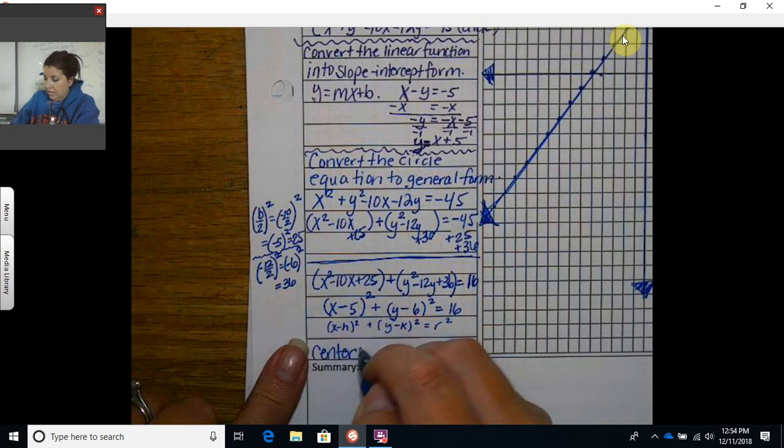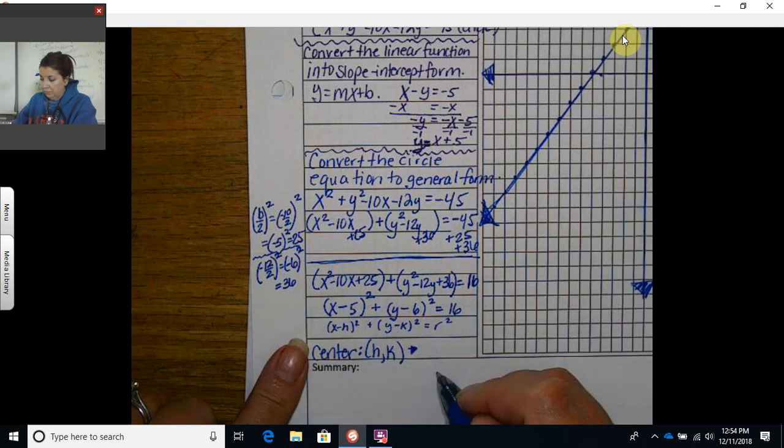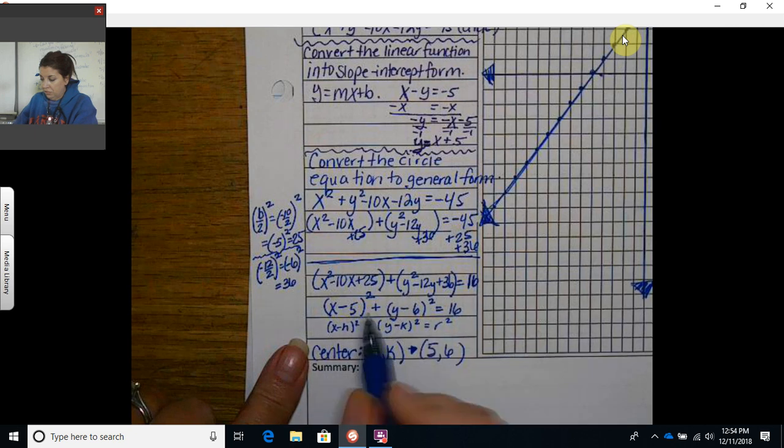is at h comma k, but you got to change the signs because the minus sign makes it look opposite of what it started as. So where do you think the center of the circle is? 5 comma 6. Your h looks like negative 5, so we know it was positive 5 to begin with.